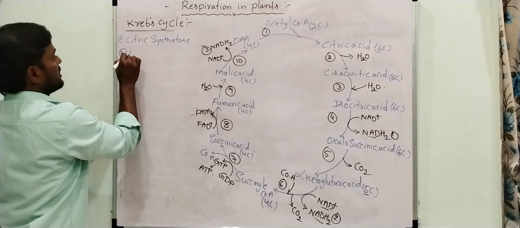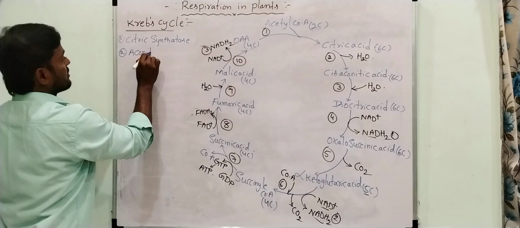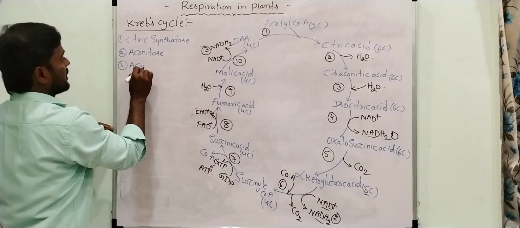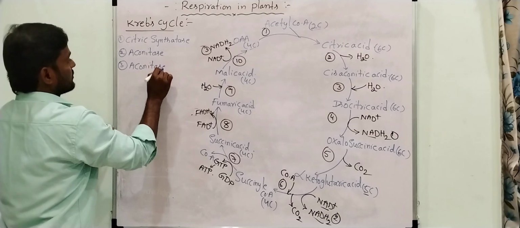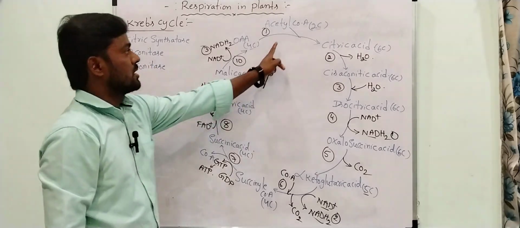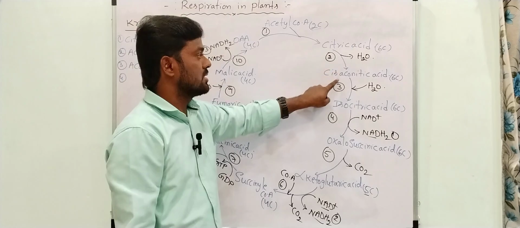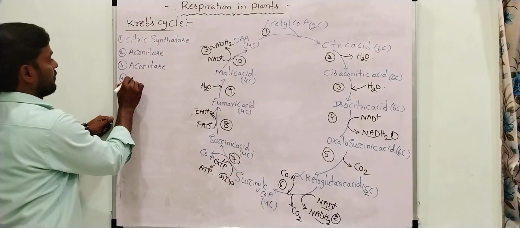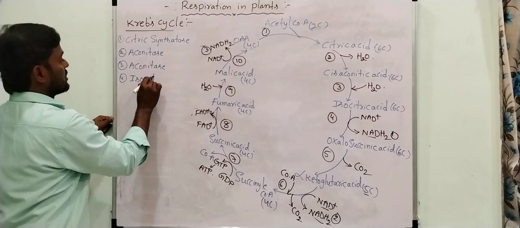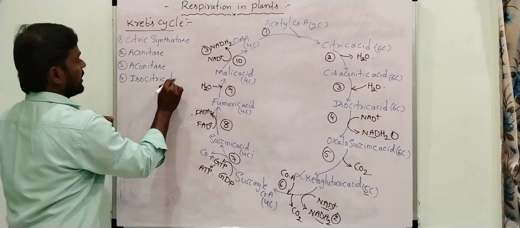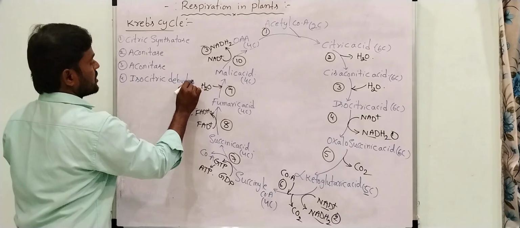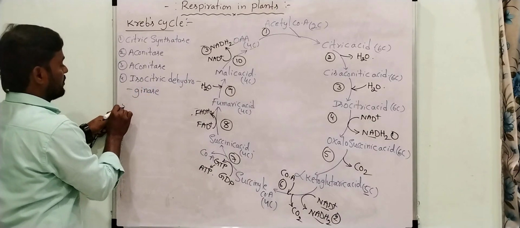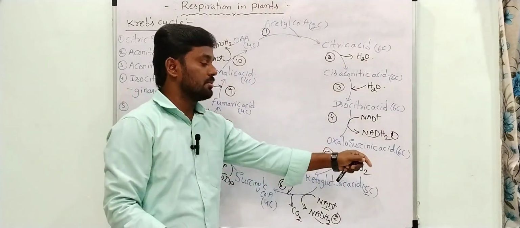Second enzyme name is aconitase, and the third enzyme is also aconitase. Okay, citrate synthetase, aconitase. And the fourth enzyme name is isocitric dehydrogenase.